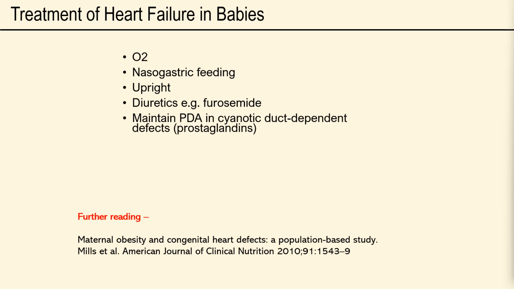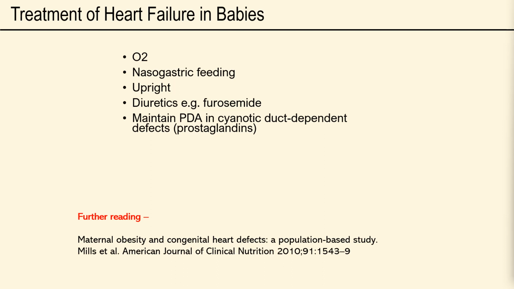We would also look at keeping the baby upright and using diuretics to reduce edema caused by pulmonary hypertension. And as discussed, provide prostaglandins to prevent that ductus arteriosus closing, allowing for the mixing of blood to enter the systemic circulation. Because when all said and done, mixed blood is better than no oxygenated blood entering the systemic circulation.